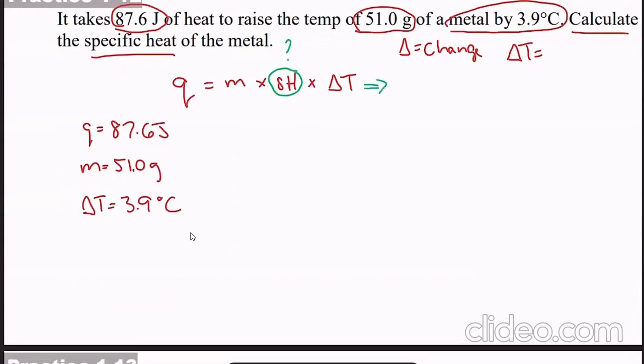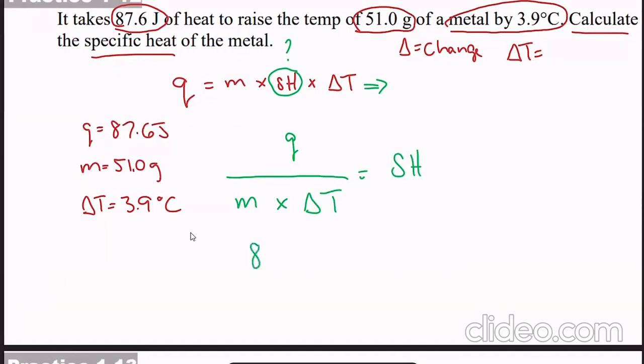We have to rearrange this formula. If we rearrange it to isolate specific heat, it's going to be Q divided by mass divided by the change in temperature, and this is going to equal our specific heat. So now we just have to put these values in.